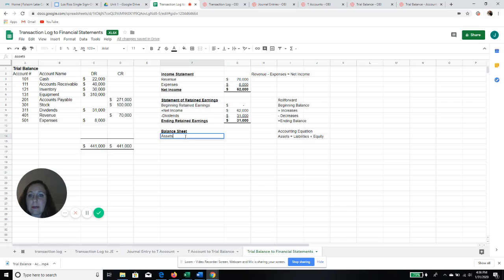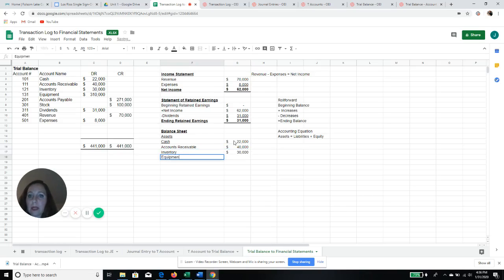So we're going to start with assets. And we're going to just list our assets. So the first one was cash. Remember, we can tell because our assets will be everything that starts with a 1. And our cash was $22,000. And then we have our accounts receivable, and that is $40,000. And inventory, which was $30,000.